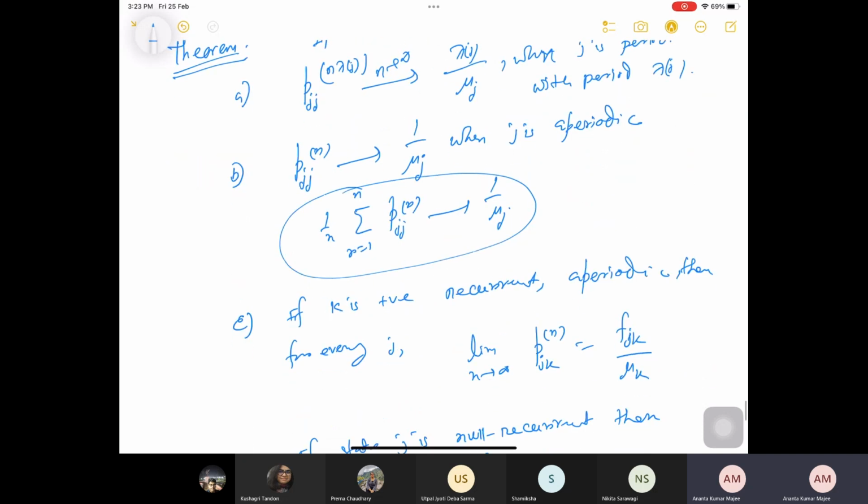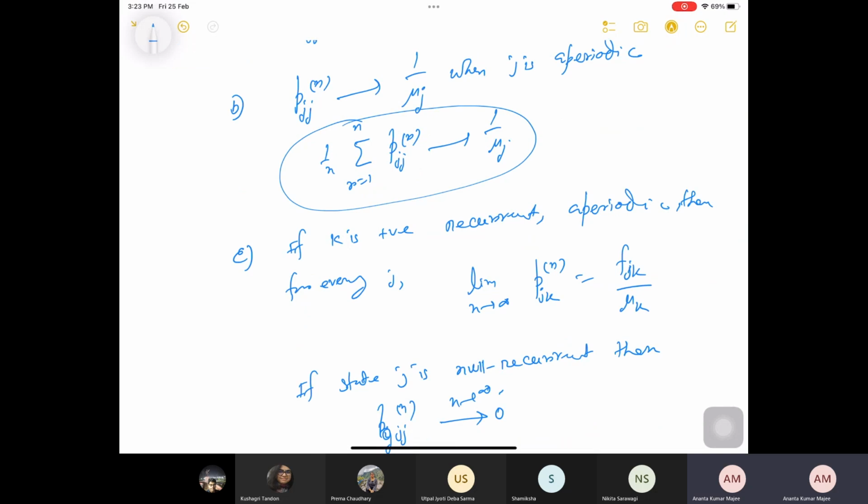Now I am considering the cross things, because this was all jj; cross things means j and k. If you have a positive recurrent k that is also aperiodic, then the limit as n goes to infinity of Pjk of n is f of jk by mu k, because mu k is finite since k is positive recurrent.